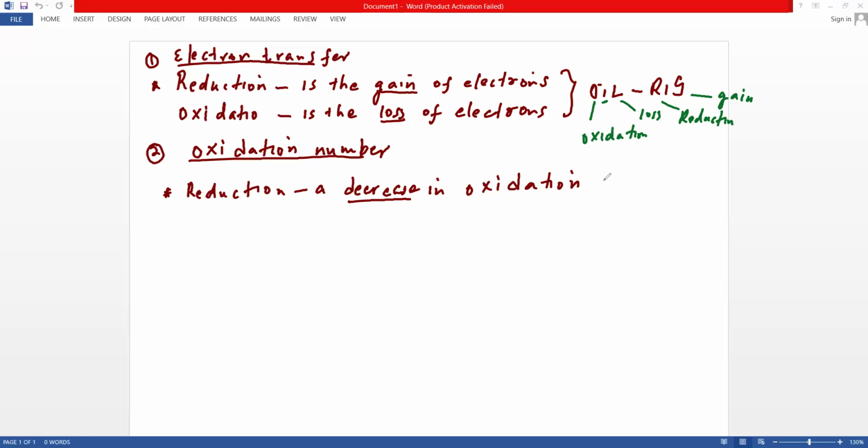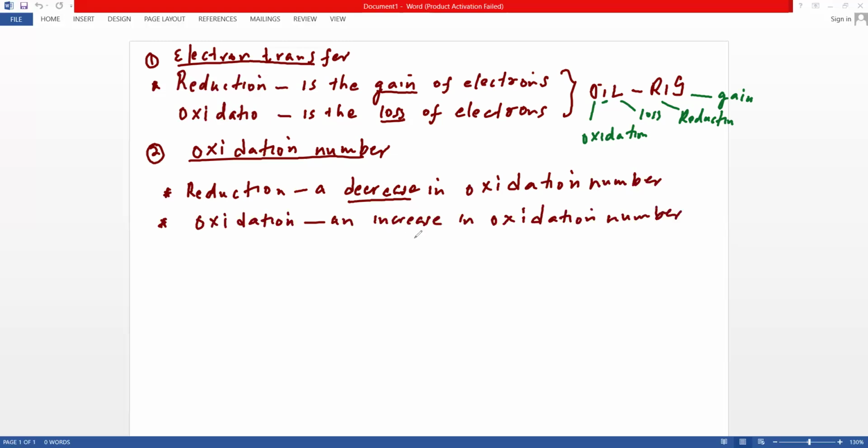A decrease in oxidation number is called reduction, whereas an increase in oxidation number is called oxidation. If there is an increase in oxidation number, we say the substance undergoes oxidation.